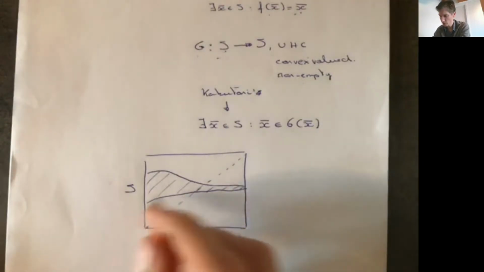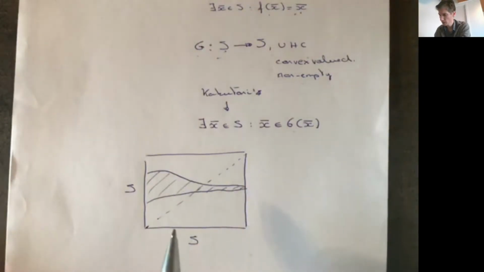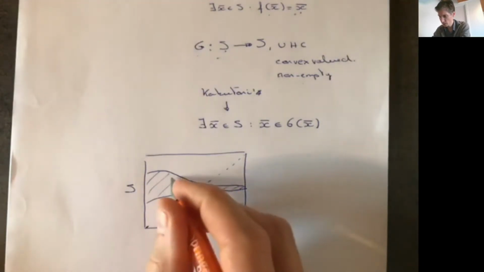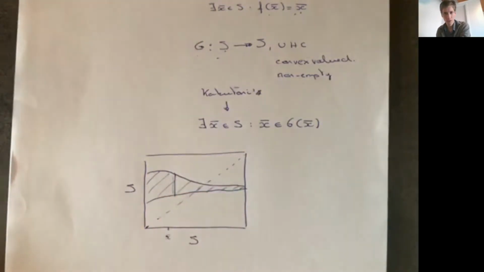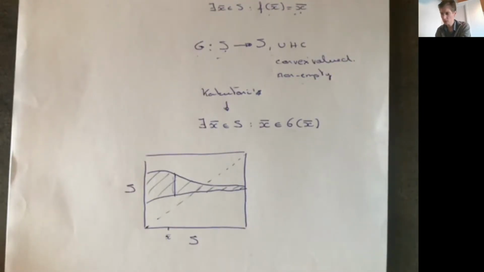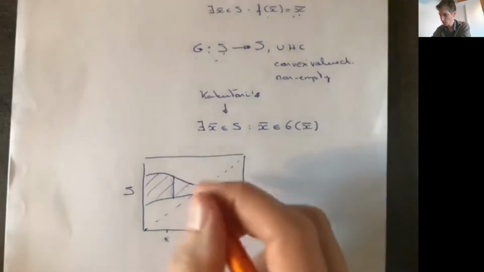You see it's upper hemicontinuous. It's convex valued, so for any fixed x, G of x is a convex set, and it's non-empty, so for every x there's at least something in G of x. And then Kakutani says that there's at least one fixed point.